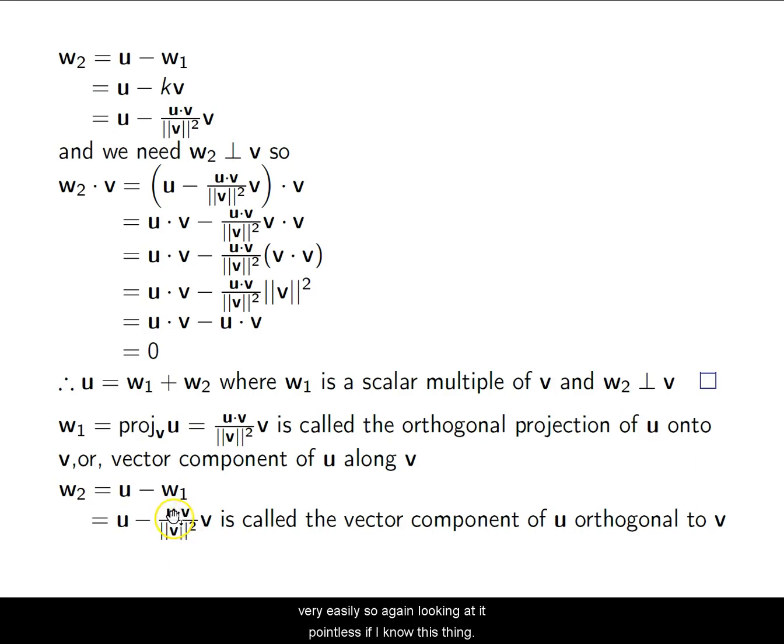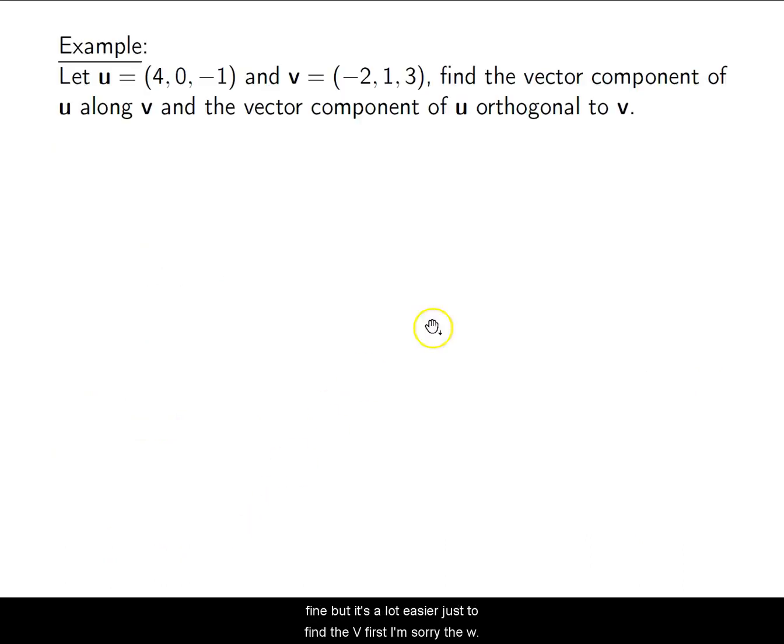So again, looking at our formulas, if I know this thing, that is part of the W2 formula, right? So if I find the scalar multiple of v first, it'll be a lot easier to find the W2. If I find this one first, then it's a lot more work. Oh, I guess you can still take the u and decompose it the other way around. That's fine, but it's a lot easier just to find the v first.